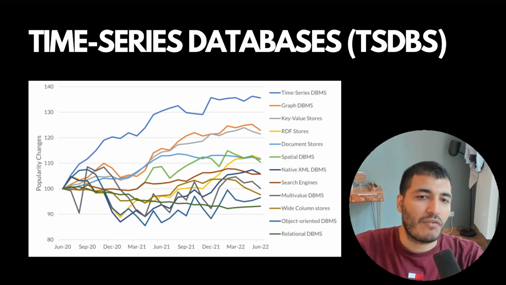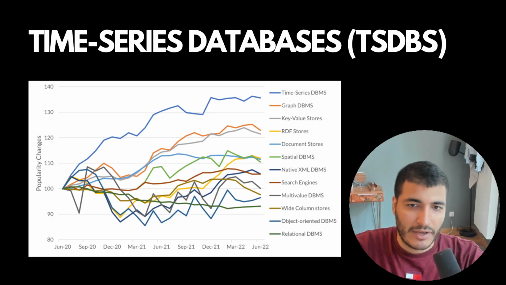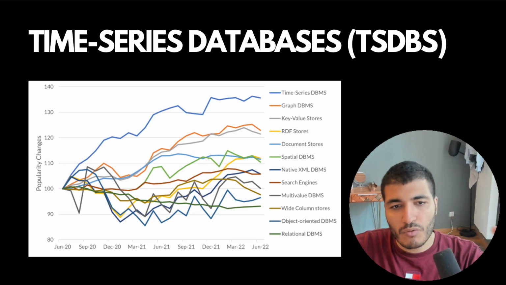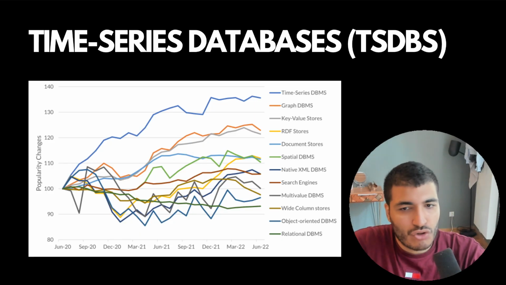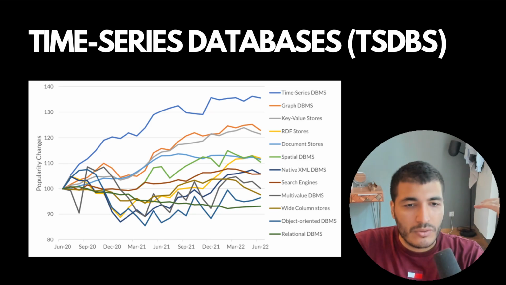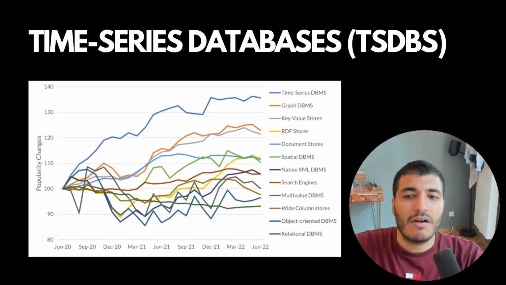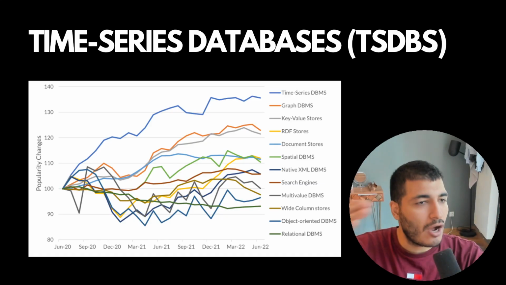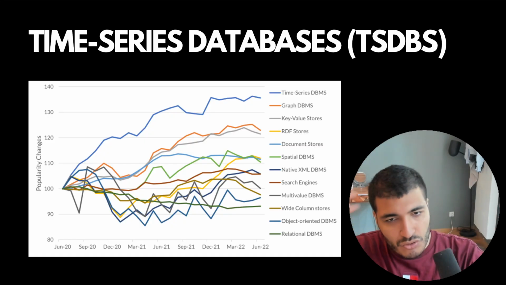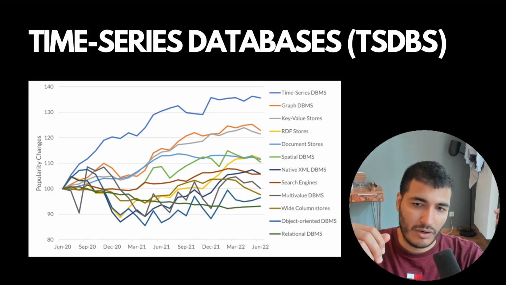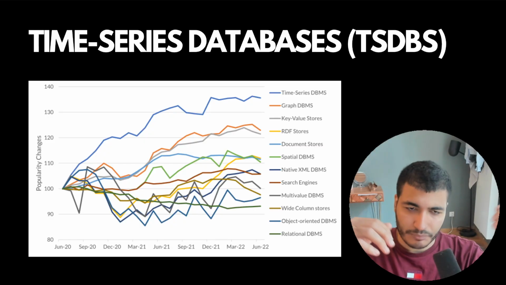A common use case is financial trading platforms, like tracking stock prices, trade volumes, and market indicators over time for trend analysis and algorithmic trading strategies. You can think about IoT and sensor data management, collecting and analyzing data from sensors and IoT devices in smart homes, for example, industrial automation, and maybe environmental monitoring.